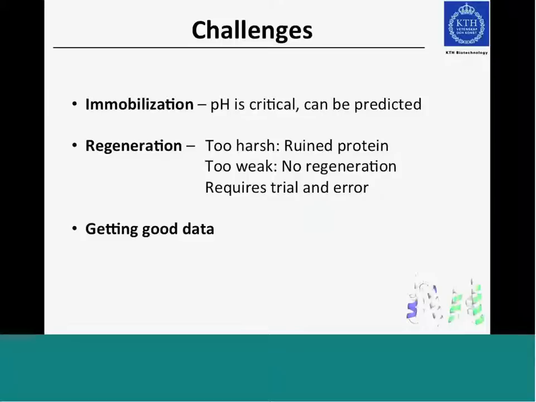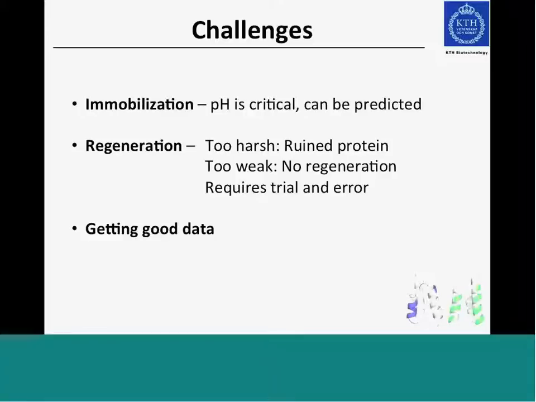Challenges that occur when you do this are, first of all, normalization. It's hard to find a good pH dependent on the pI of your protein to enable very effective normalization. The pH used can be predicted through the pI, so that's where it can be helpful.